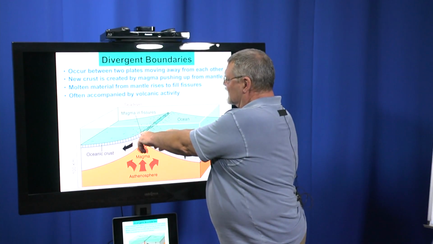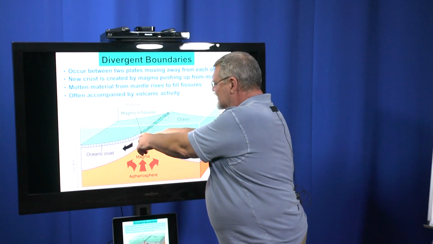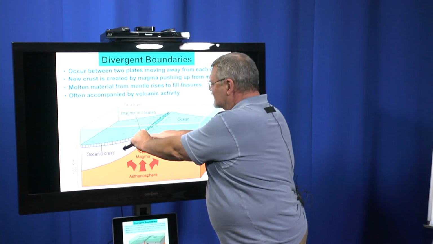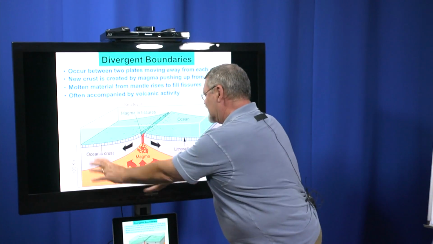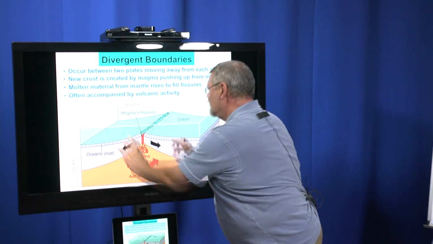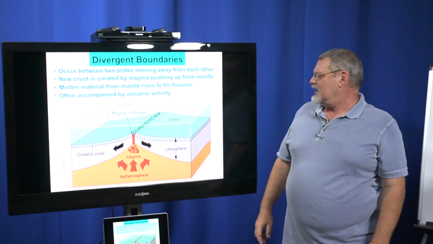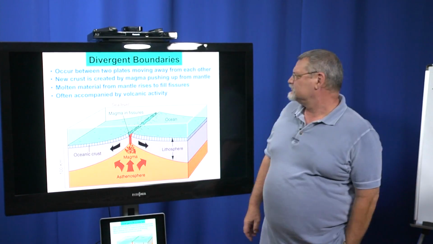As it gets to the water, which is, of course, much cooler, it's going to cool off that rock, take the heat away, and it's going to add to the crust, and it pushes. You can see that here's the lithosphere riding on the asthenosphere. As it adds to that, it pushes this away. In the Atlantic Ocean, it happens about, I think, an inch per year or something like that.